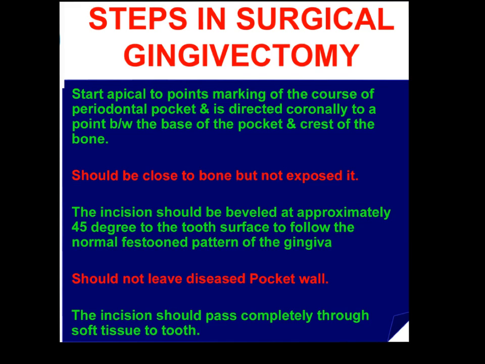The incision should be beveled at approximately 45 degrees to the tooth surface to follow the normal festoon or the normal architecture of the gingiva. But it should not leave the diseased pocket wall. This incision should pass completely through the soft tissue to the tooth.